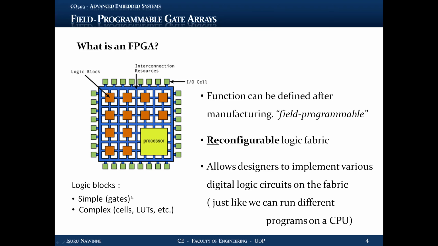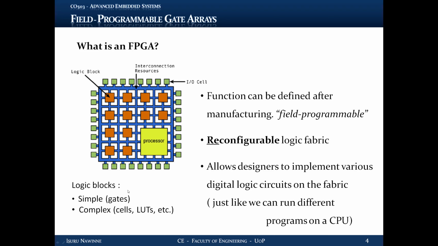In the early days of programmable logic hardware, these logic blocks were simple gates, NAND gates or XOR gates. They were a grid of simple gates, but now in modern FPGAs, we have complex units, these logic blocks.